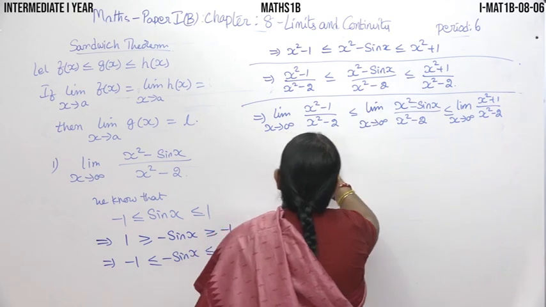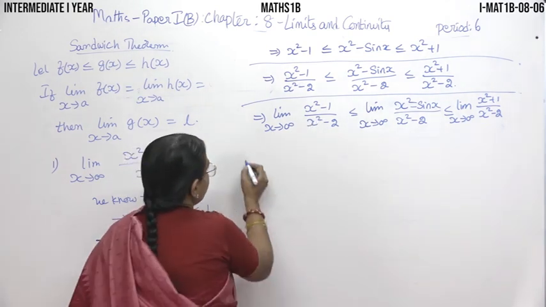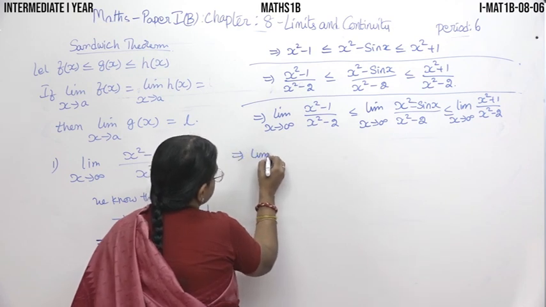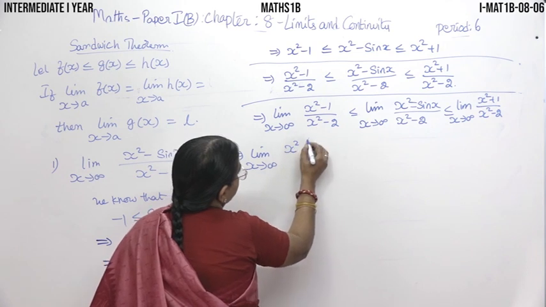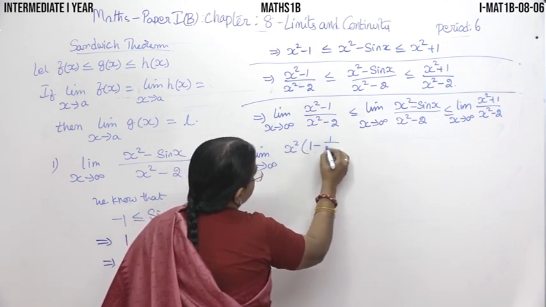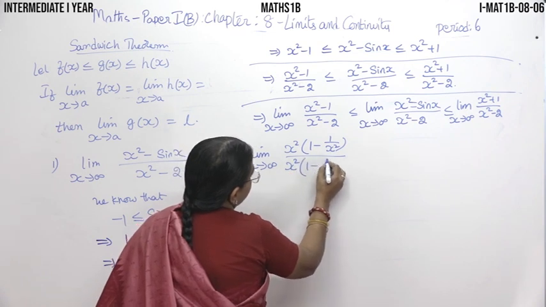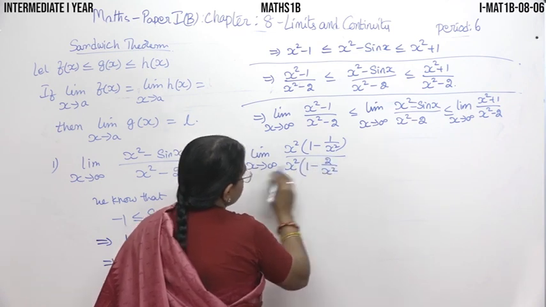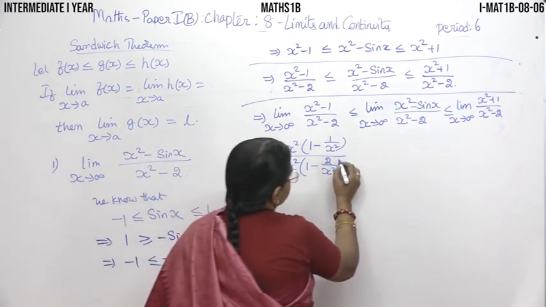Now you know how to find the limit. You can put x as equal to 1 by y or take x square common. If I take x square common, I have 1 minus 1 by x square, and here also I'll take x square common, 1 minus 2 by x square. As x tends to infinity, 1 by x tends to 0, so 1 by x square also tends to 0.